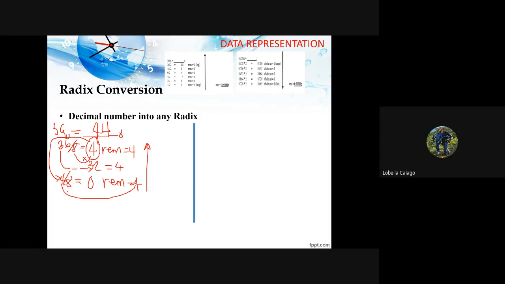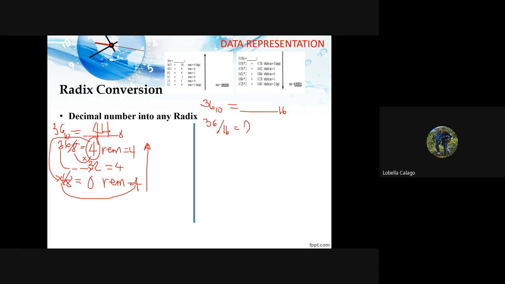Okay, so 36 base 10. Convert natin sa 16. Okay, so paano? So, since 16 ang hinahanap, i-divide sa 16. So, what will be your answer? 36 divided by 16 give us 2.25.